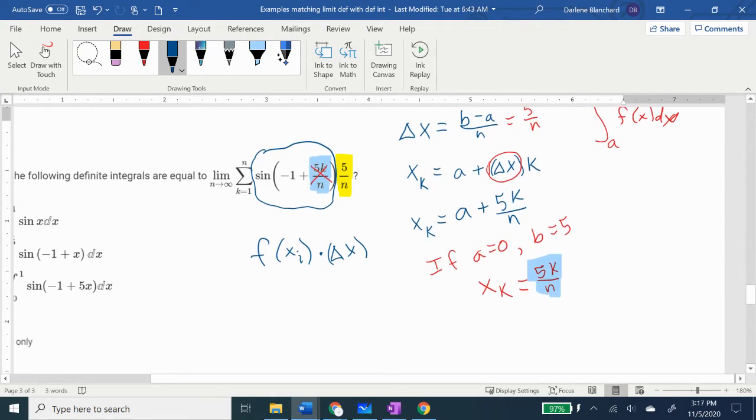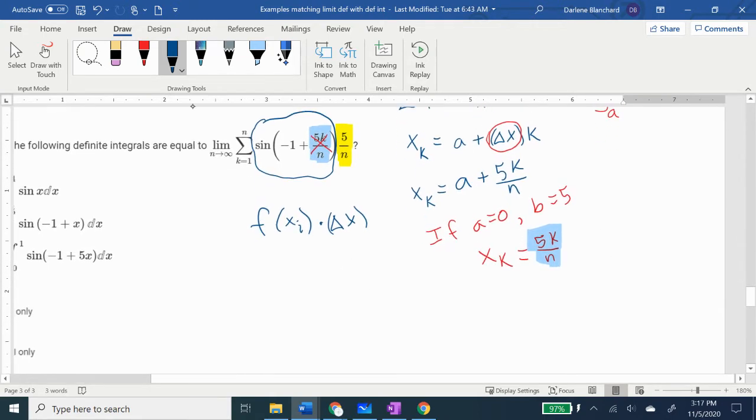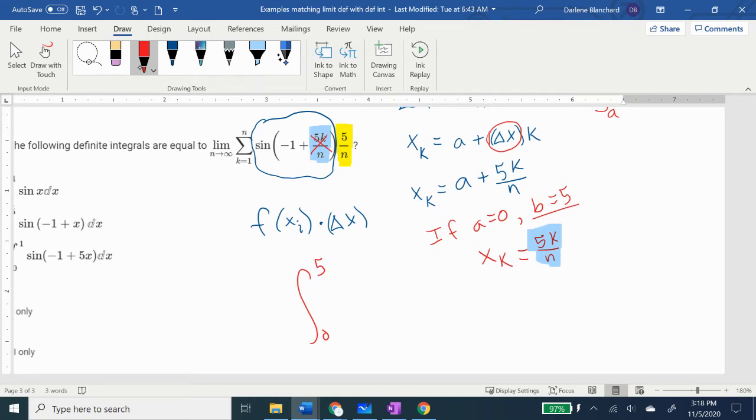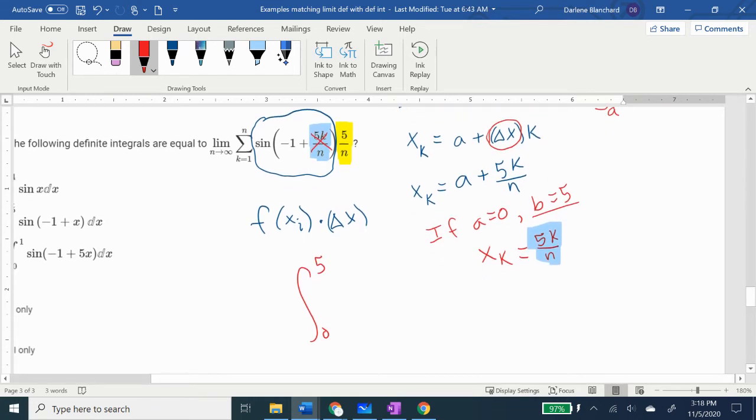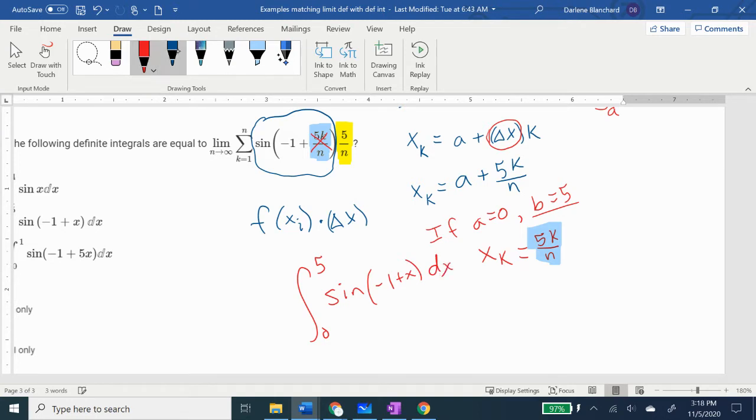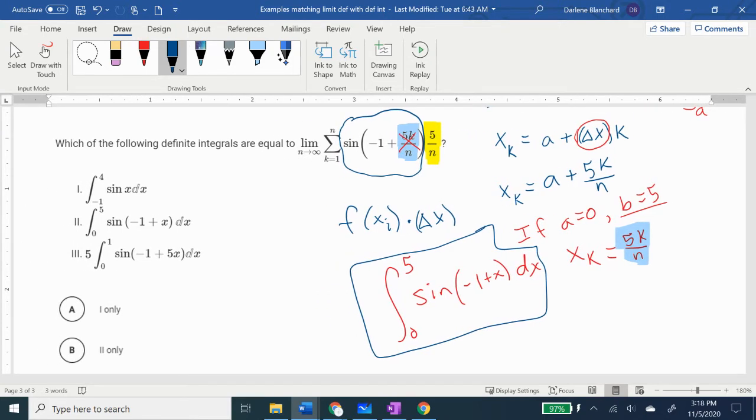So if I choose a to be 0, then that forces b to be 5 if I have chosen the delta x to be 5 over n. And that means my function is the sine of negative 1 plus x. And then I have my dx to finish off my integral. So this is a possible definite integral that limit is finding the area of.